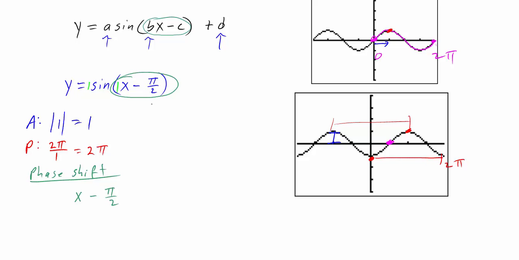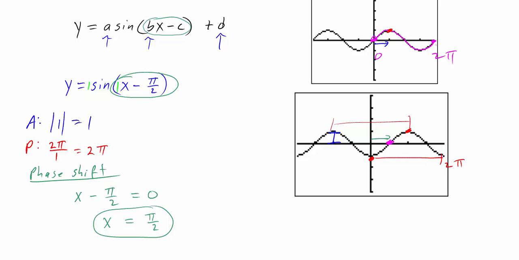That's the bx minus c. And we're going to simply set that equal to 0. And if we solve for x, we get x equals positive pi over 2. And what that means is we have this phase shift of pi over 2.